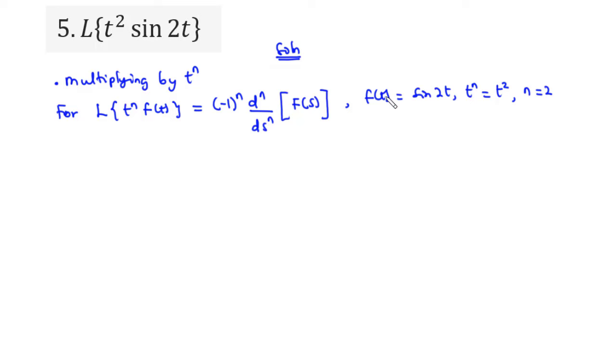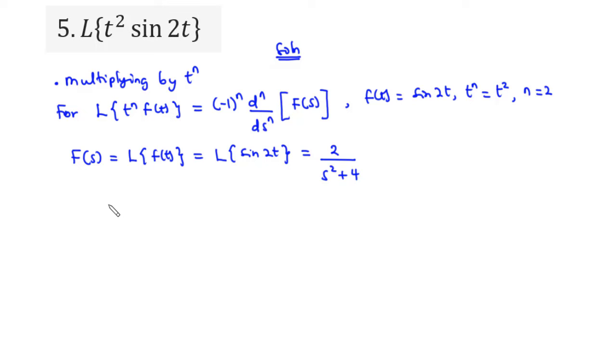So first, let's try to find the Laplace transform of f of t, which happens to be F of s. So we have F of s, which is equal to the Laplace transform of the function sine 2t. Now this is equal to, a is 2, so we have 2 divided by s squared plus a squared, and then a is 2, so we have 2 squared, which is 4.